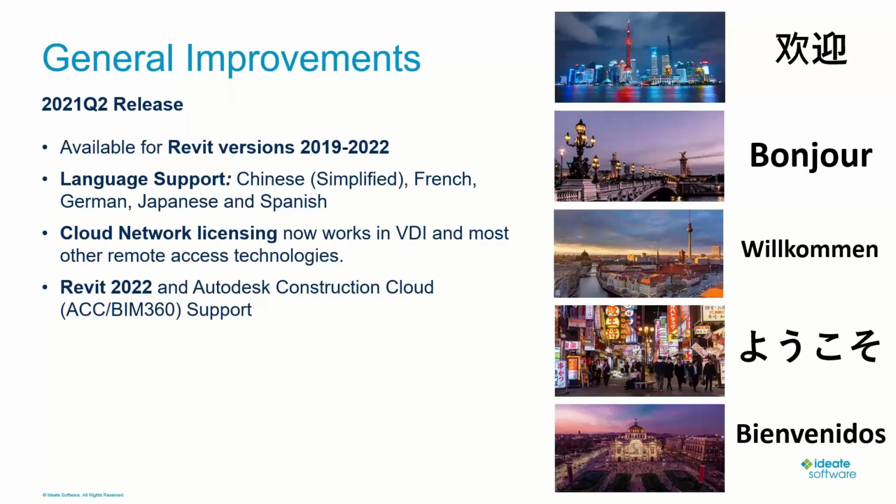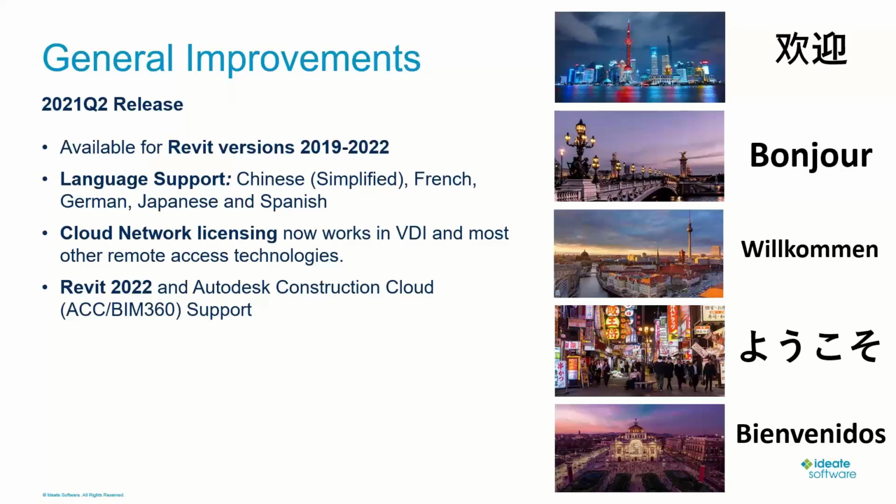Also, we're expanding on our cloud networking, which we introduced last year as part of the whole pandemic, and the fact that we're still supporting our FlexLM, which is the traditional network license. Typically, a FlexLM would have a server, and then it would serve licenses.